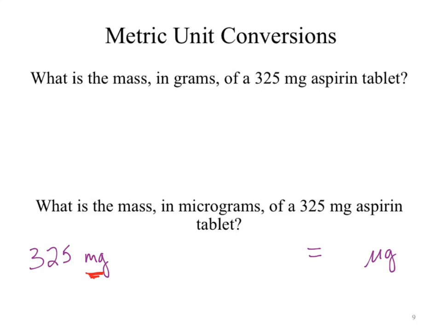that weird Greek letter. Anybody know their Greek letters? What is that letter called? Which one? Mu. Thank you. Yeah, it is mu. Yes. So when you want to say milligrams and micrograms, you just put mg for both. Milligrams is M. Micrograms is mu.